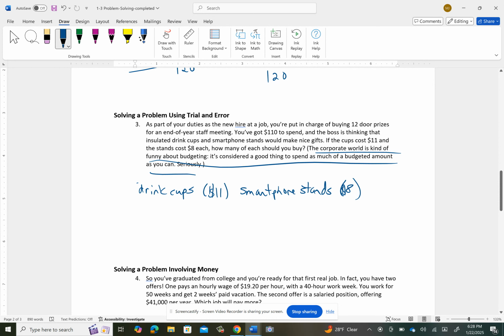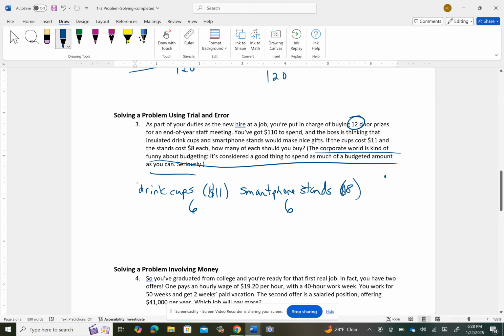All right, so we might just do a guess and check approach. Let's see, 12 door prizes. So whatever we put has to add up to be 12. So why don't we try 6 and 6, see what that turns out to be.